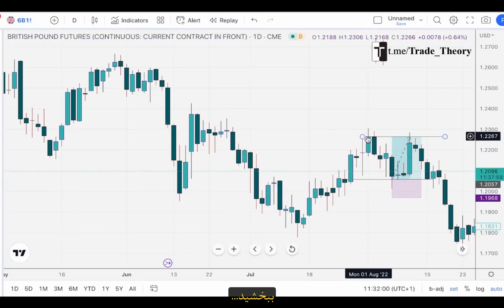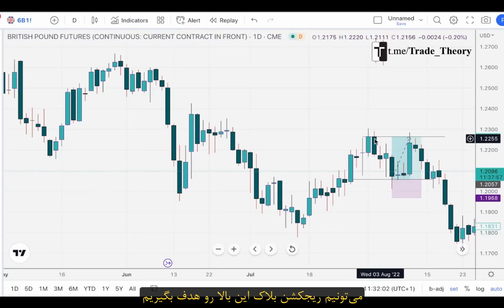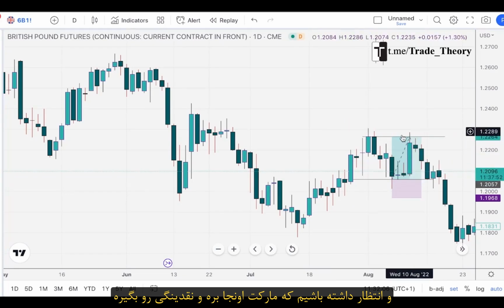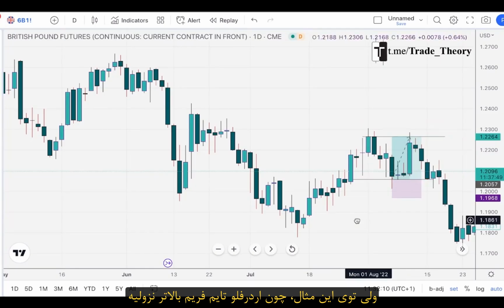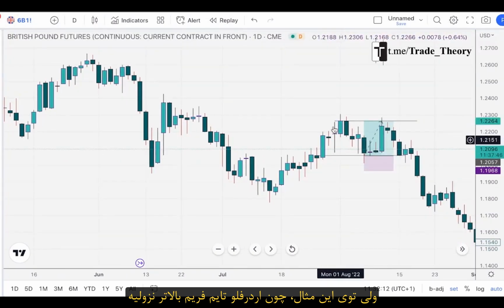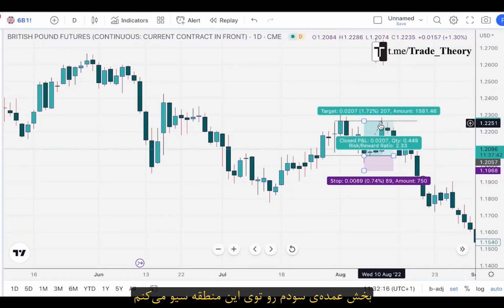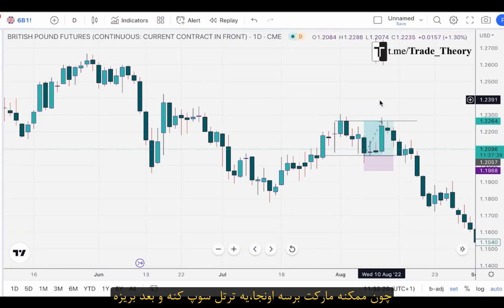We can aim for this rejection block up here, expecting the market to run up there and clear out the liquidity. But in this example, because order flow is bearish, I'll take the bulk of my liquidity up here, because it could run up there, act as a turtle soup, and then sell off.